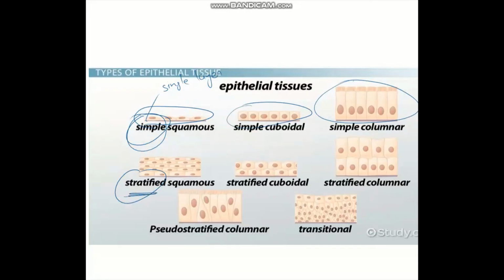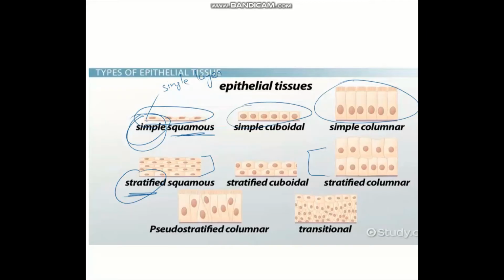But a stratified epithelium would be any epithelial tissue that is more than one cell thick, or contains more than one cell layer on top of the other. And these layers are then further divided according to the shape of the cells that they contain. For example, squamous.